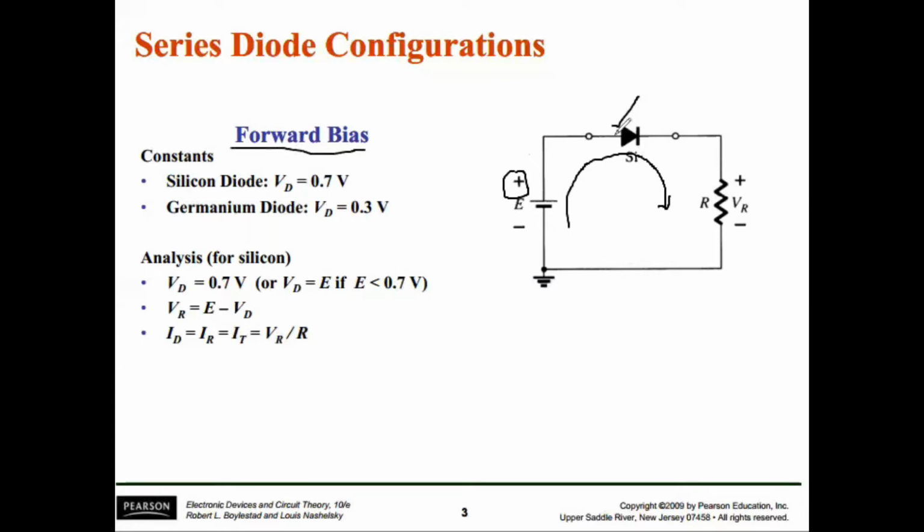In this bias configuration, in an ideal situation, this diode will be considered as a short circuit. If we are considering an ideal condition, it will basically be a short circuit. Sorry for my drawing again.